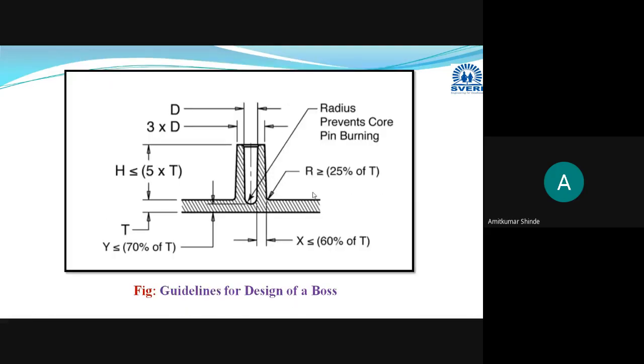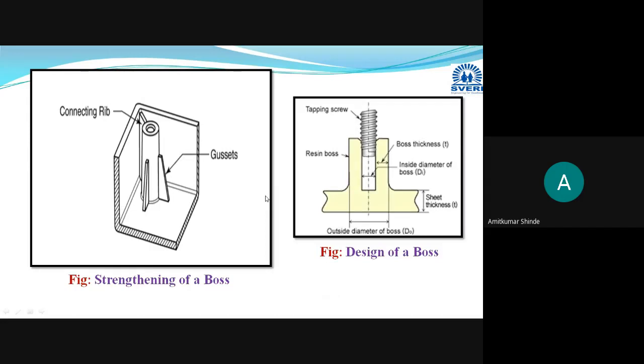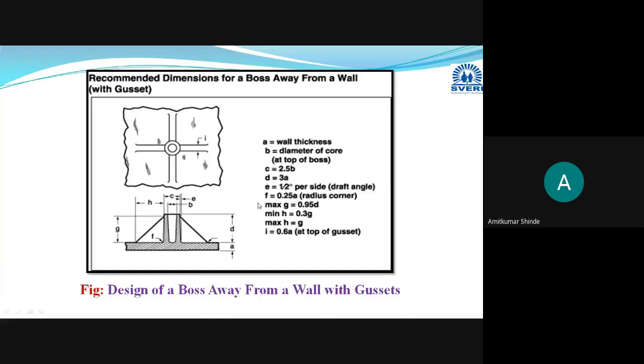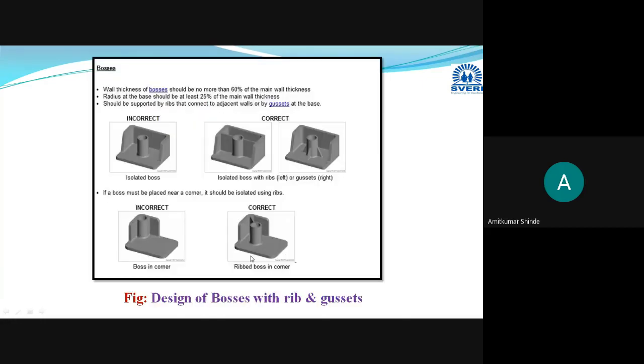What should be the dimensions: inside diameter, outside diameter, thickness, height, and the radius. Then how to design a boss near the wall surface and away from the wall surface, and the correct design of the boss with ribs and gussets.